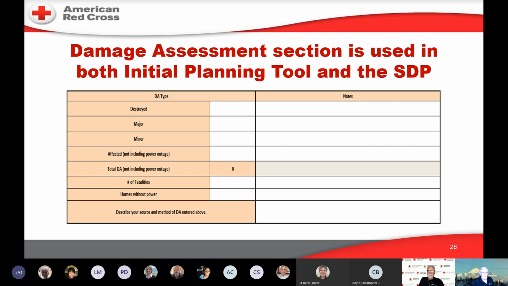But you have a good idea of how many are destroyed. Again, this is conjecture. It is the best information you have at the time you're creating this tool. So how many destroyed, how many major, and then how many minor.